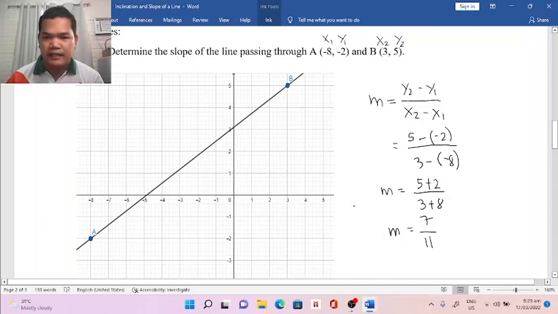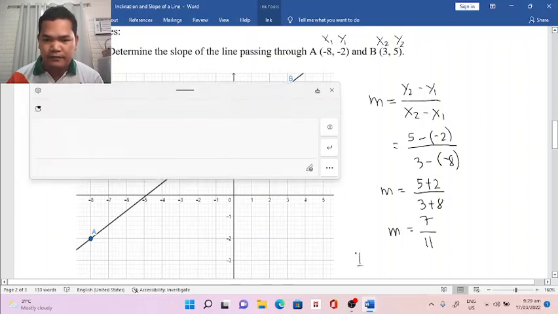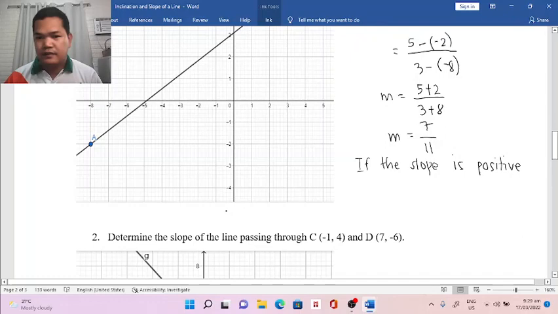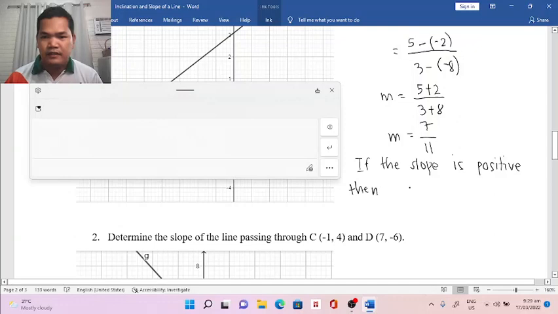We can say that if the slope is positive, then the line slants to the right.